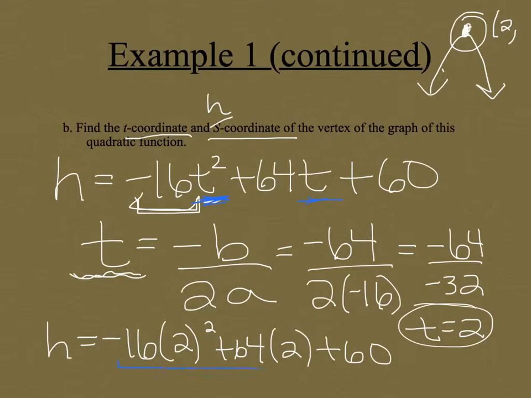Evaluating this equation at t equals 2, I've determined that our height, h, is 124 feet. So the maximum height the ball reaches is at 2 seconds, and that maximum height is 124 feet.